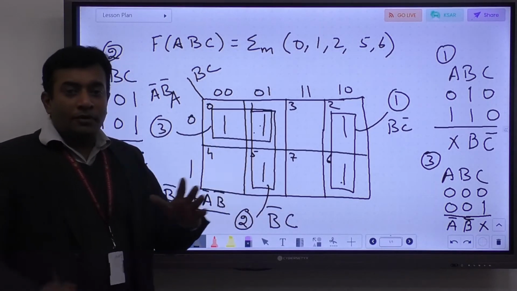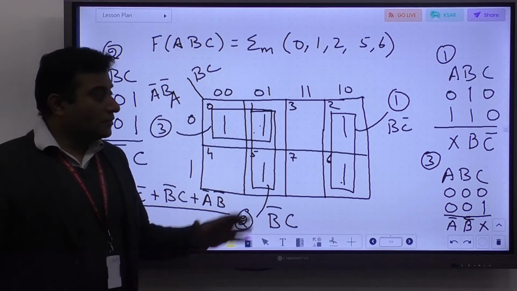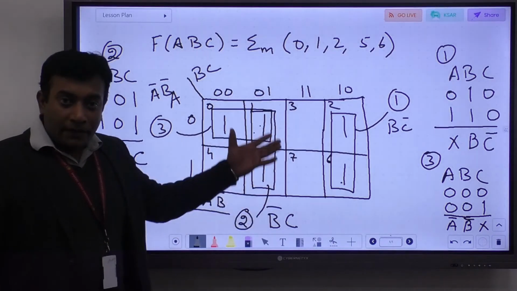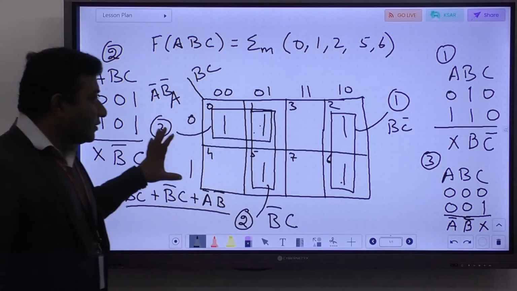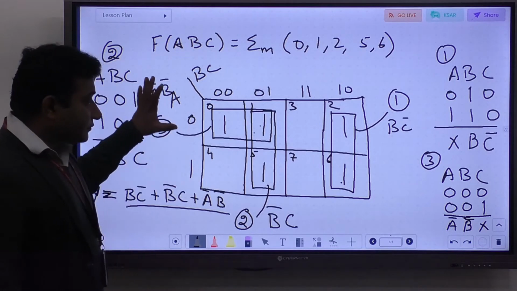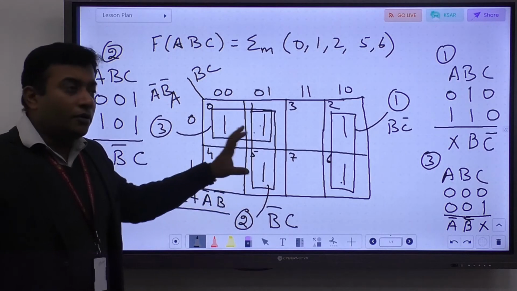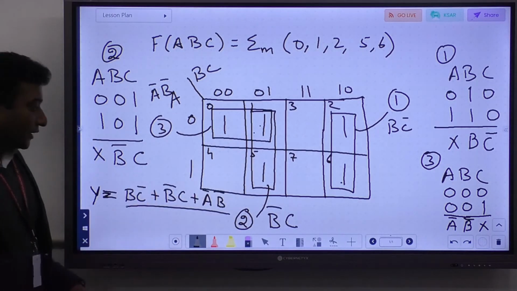Or otherwise a problem statement is given and we can generate the minterms or max terms through a truth table. So our concern for today is how to get the output from a K-map or how to use a K-map. So this was a 3-variable K-map that we did.